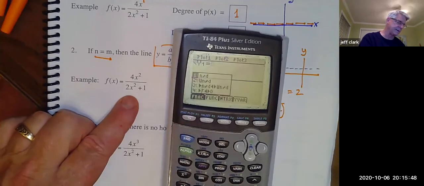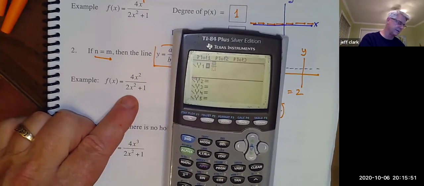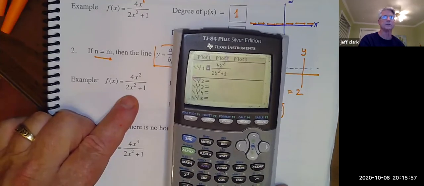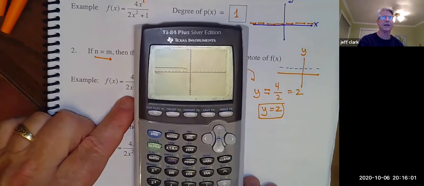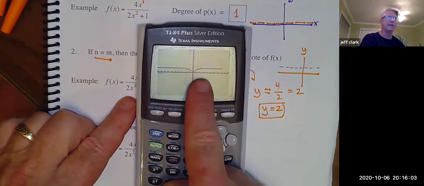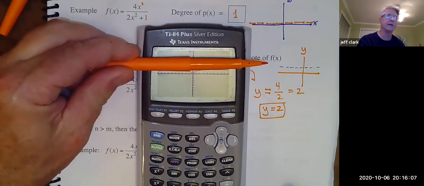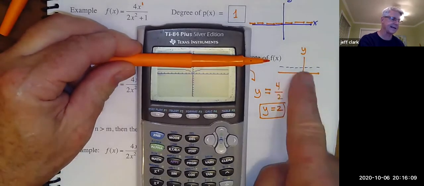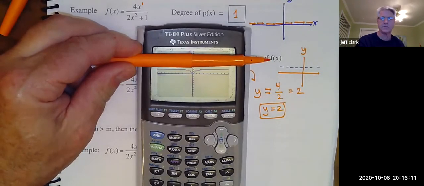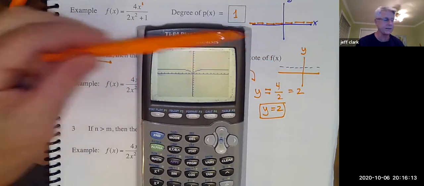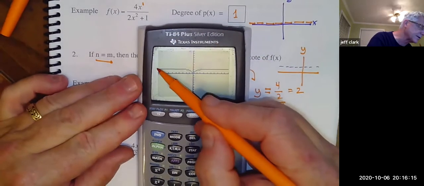Let's make a little fraction like I've done before. 4x squared over 2x squared plus 1. Graph. See, it looks like a line that goes this way. That's that line right there. It's called an asymptote. There's some behavior with regards to that.